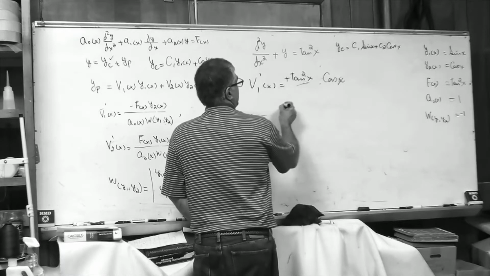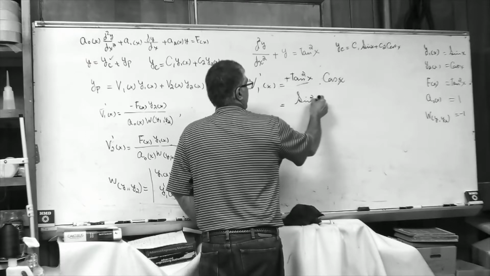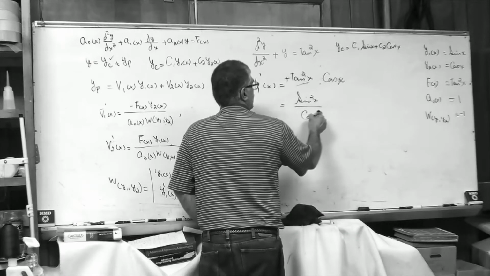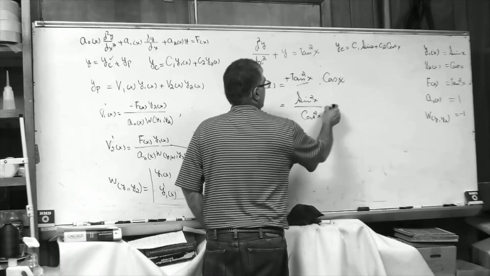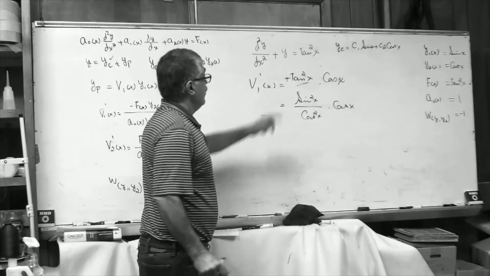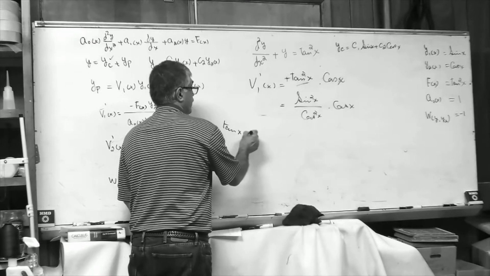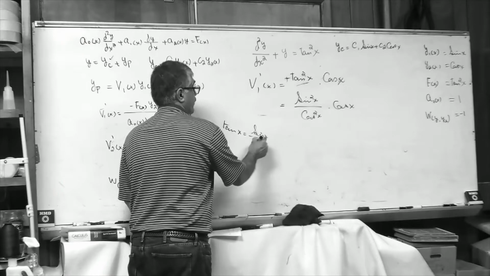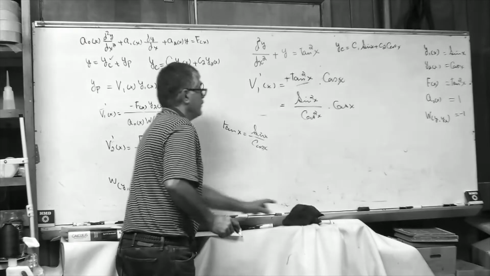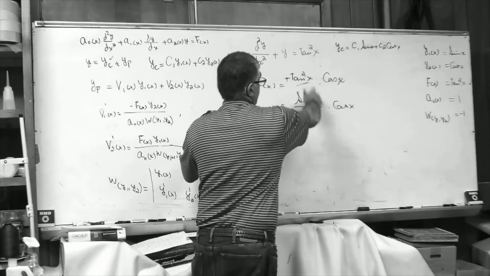Let's simplify this. We can write this as sine square of x over cosine square of x times cosine of x. Using the formula, we know that the tangent of x is equal to sine of x divided by cosine of x, so using that formula, we can write this tan square like that.